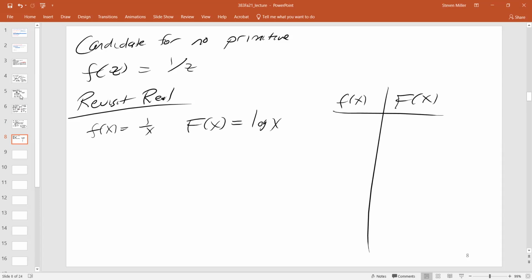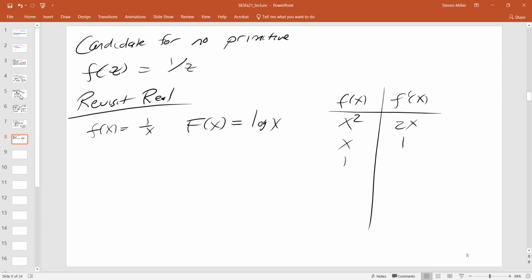Let me do it with derivatives. So I'll have f of x and I'll have maybe f prime of x. I'm just trying to build some intuition. x squared goes to 2x. x goes to 1. 1 goes to 0. And then 1 over x goes to what?